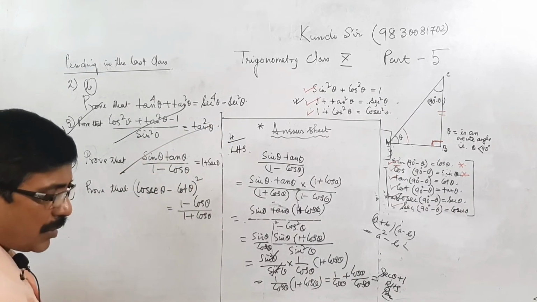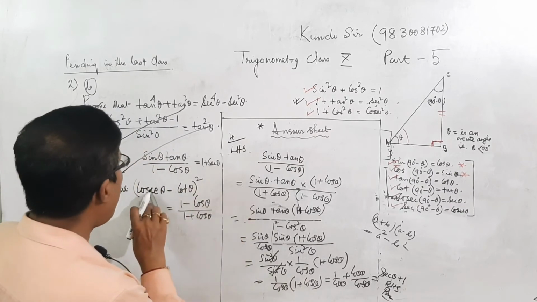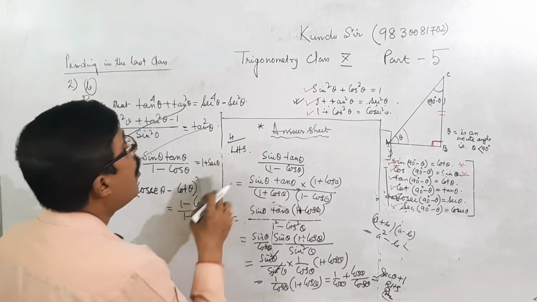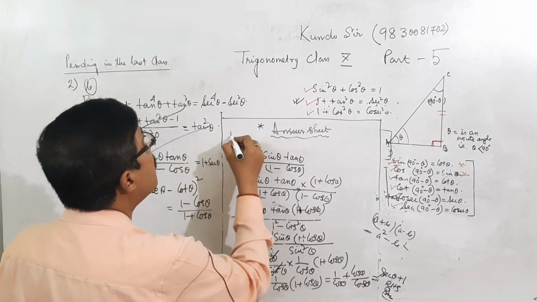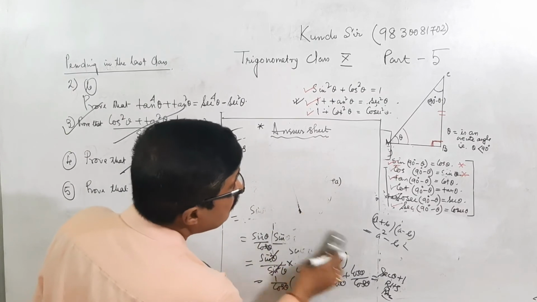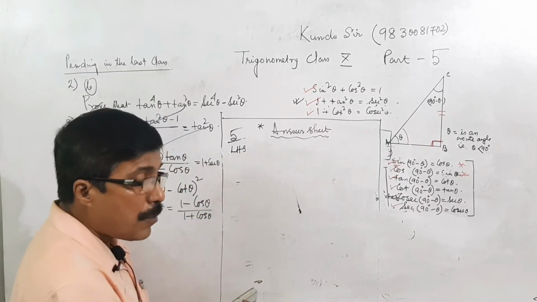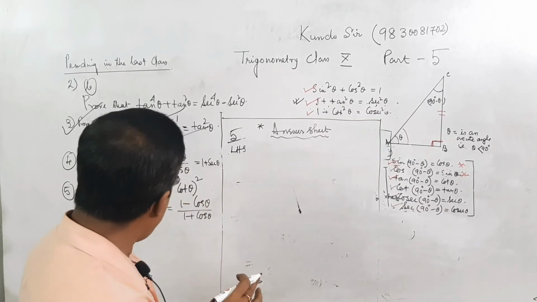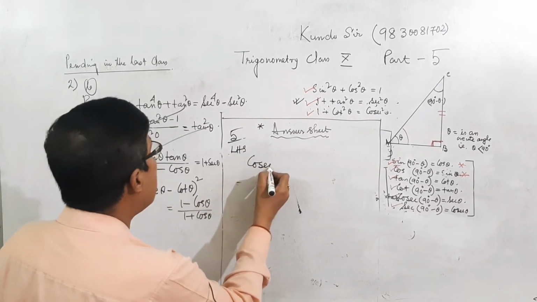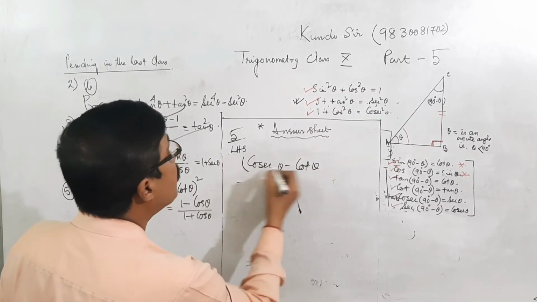Then the last one for this class we have to solve. Now once again we are writing the left hand side of problem number 5. Problem number 5, left hand side: cosec theta minus cot theta whole square.